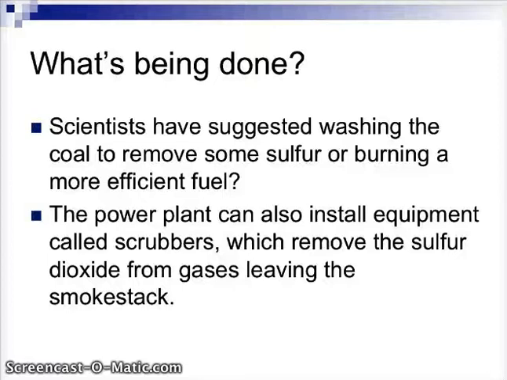Additionally, scientists have suggested washing coal or using a coal that burns more efficiently, like anthracite, and also to install equipment that removes or filters out some of that sulfur dioxide before it actually leaves the smokestacks.